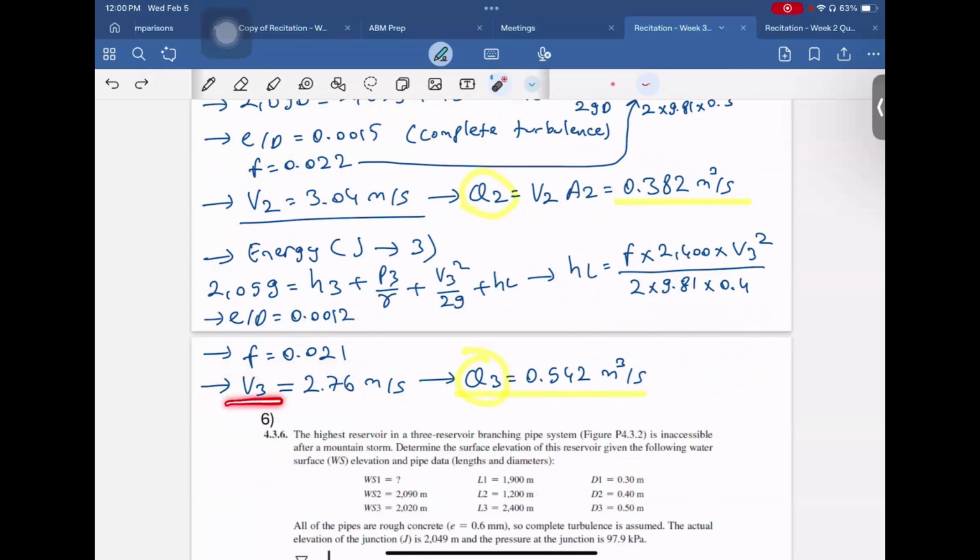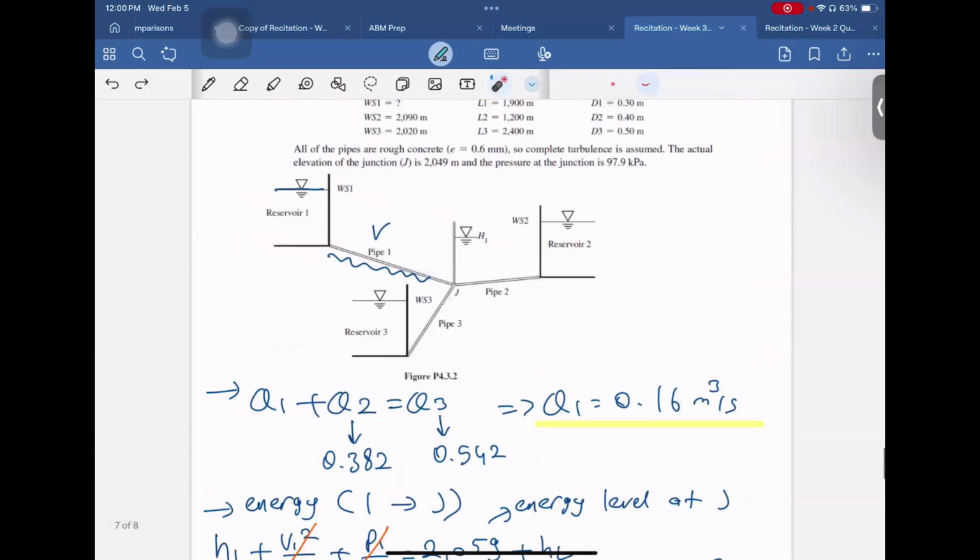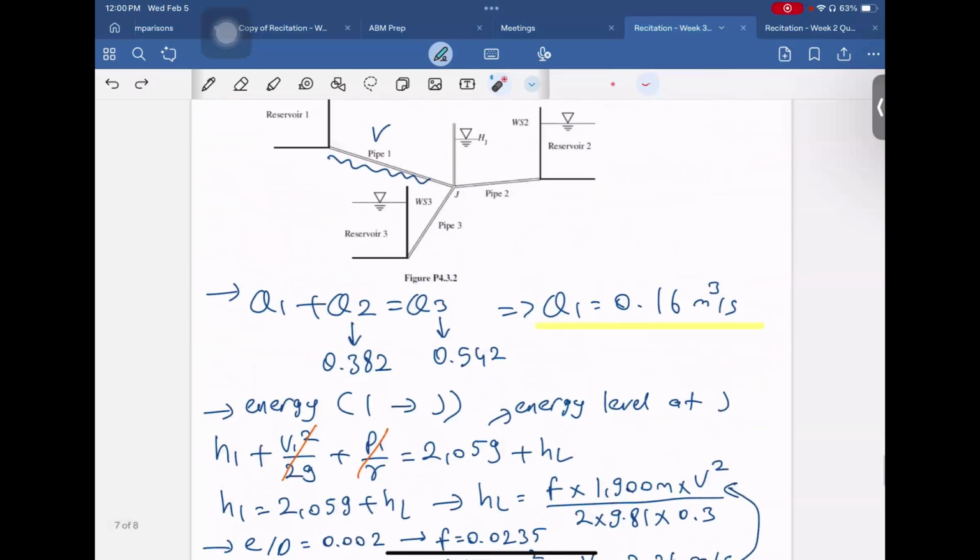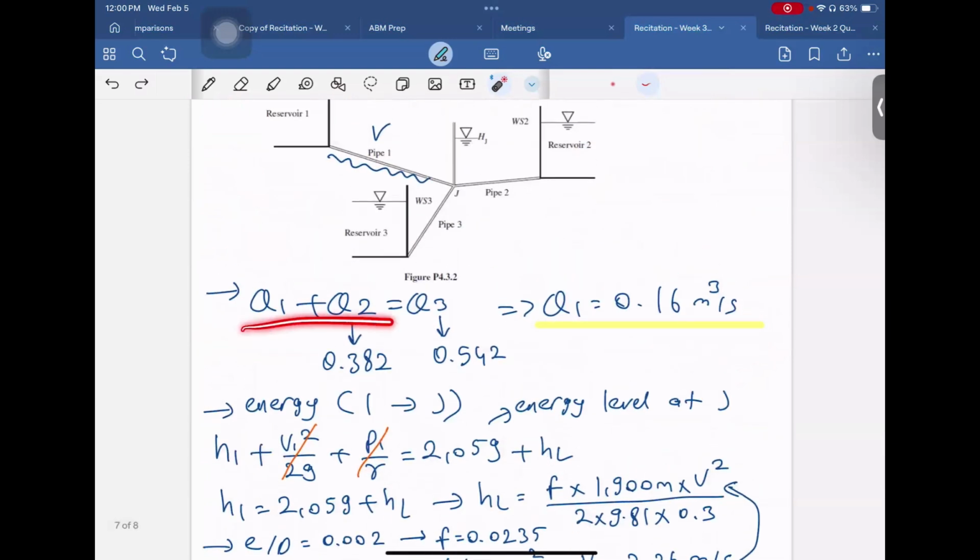And from that, we calculated velocity and discharge or flow rate. And as I mentioned at the beginning, we had this equation, which is Q1 plus Q2 is equal to Q3. So based on that, we were able to calculate the flow rate in pipe 1.